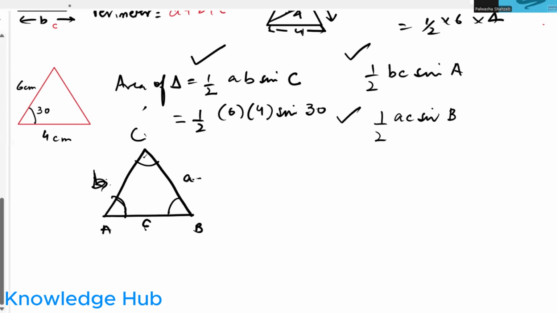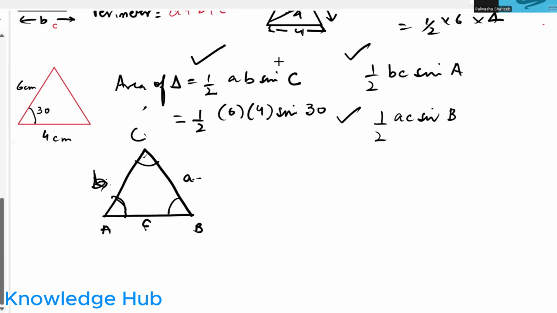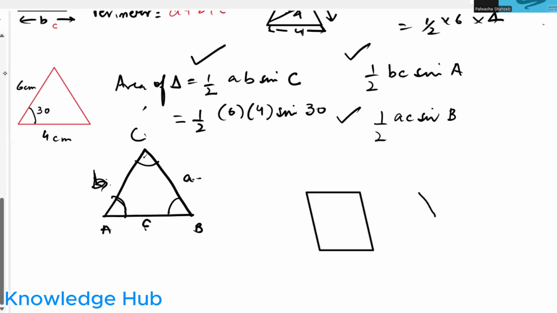Right? So now let's talk about another 2D shape, that is a parallelogram or a rhombus. You can say both are about the same. Let me make a rhombus, and again I can make a parallelogram.